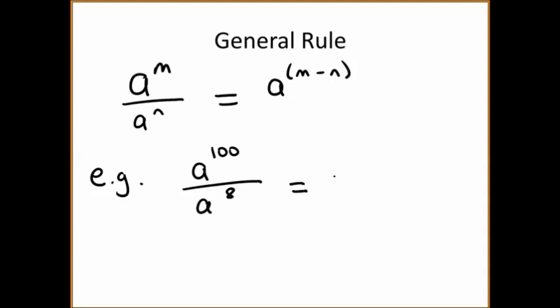This would be equal to a to the power of 100 minus 8, which is equal to a to the power of 92. This rule is extremely handy when we have large quantities like a to the power of 100 divided by a to the power of 8. Rather than expanding it out, it is easier just to use the rule.